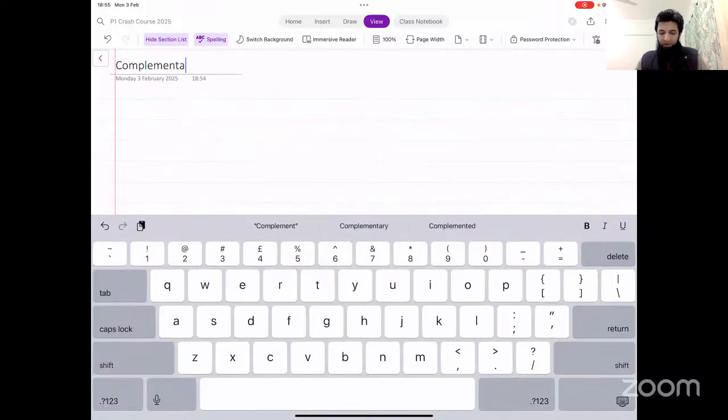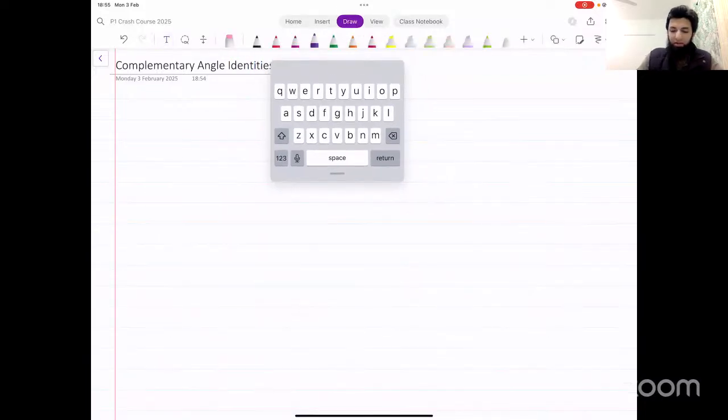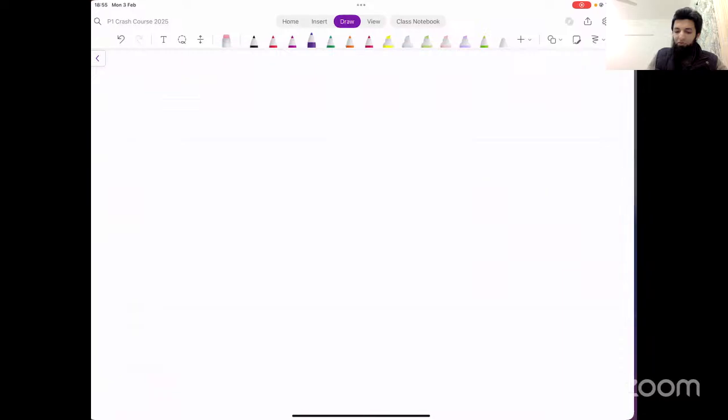There's another set of identities that we have, apart from sine square plus cos square equals 1 and tan equals sine over cos. These are called complementary angle identities. Now, what are complementary angles? Complementary angles are angles that add up to 90.